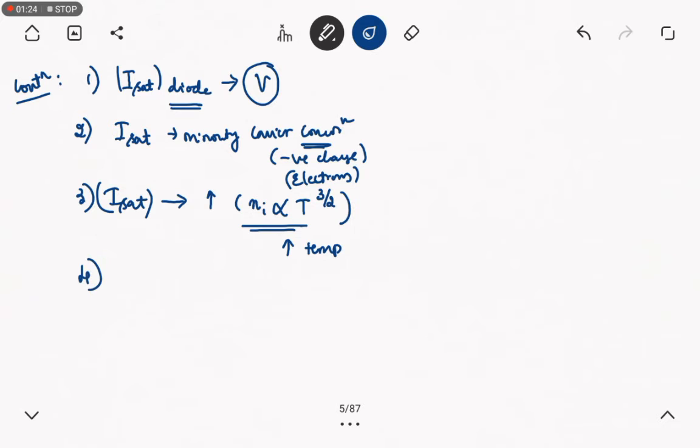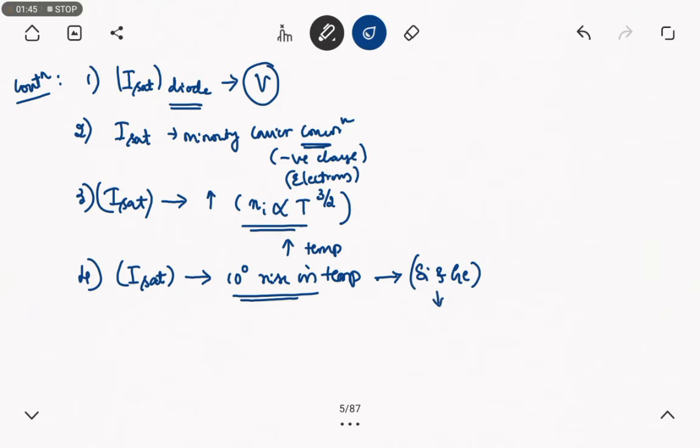Next, fourth point is the reverse saturation current doubles for every 10 degree rise in the temperature. This happens in two materials. Which two materials? Silicon and germanium, means the diodes which are made up of silicon and germanium. In these materials we can find the 10 degree rise in the temperature for saturation current.